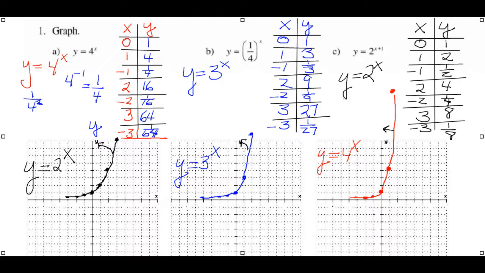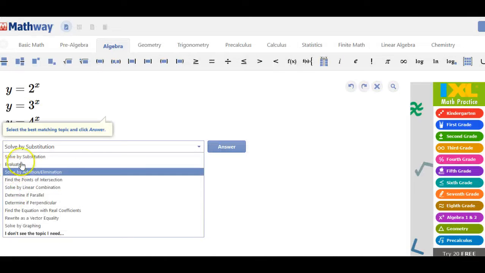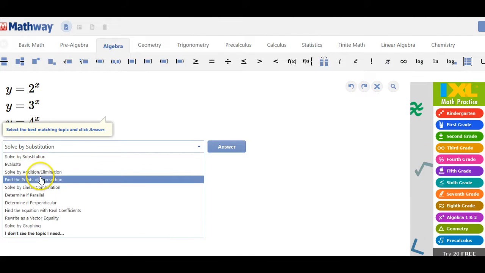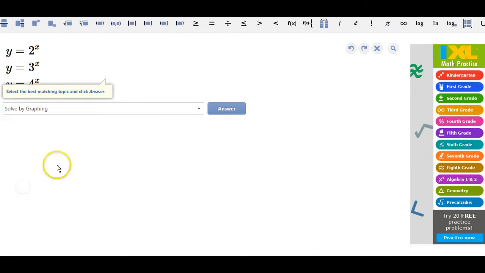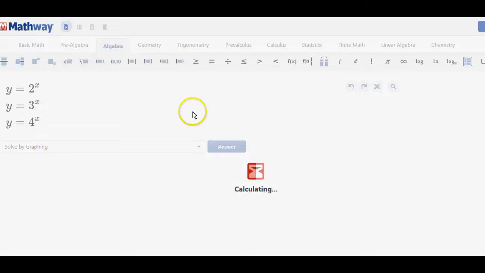Okay, I'm just going to show you one other thing before we go on. What I've put into my Mathway program, y equals 2 to the x, 3 to the x, 4 to the x, and I'm going to ask it to graph, solve by graphing, and then I'm looking for the answer.